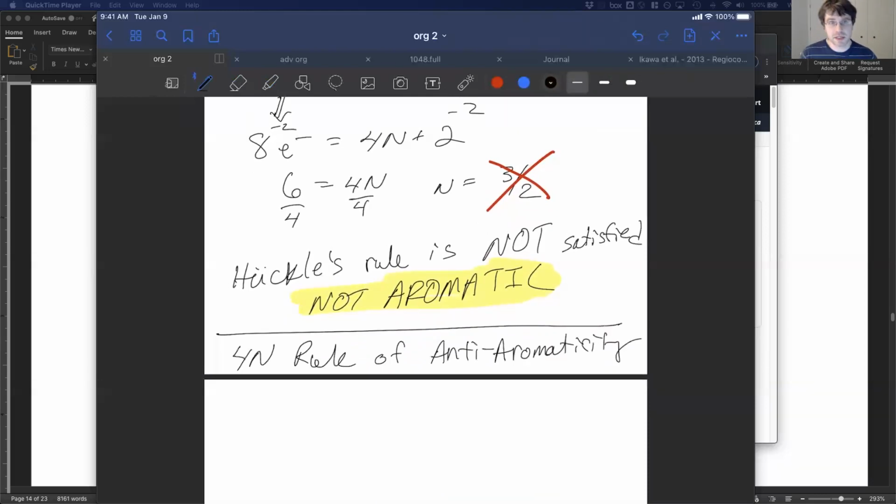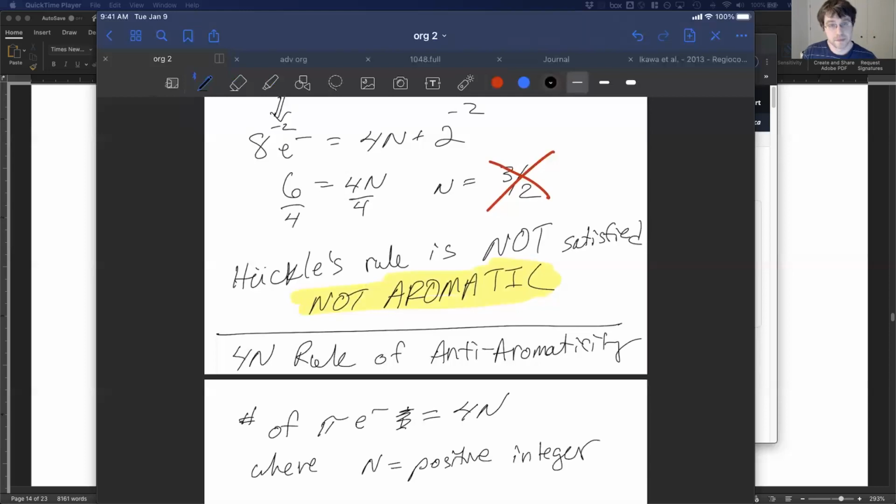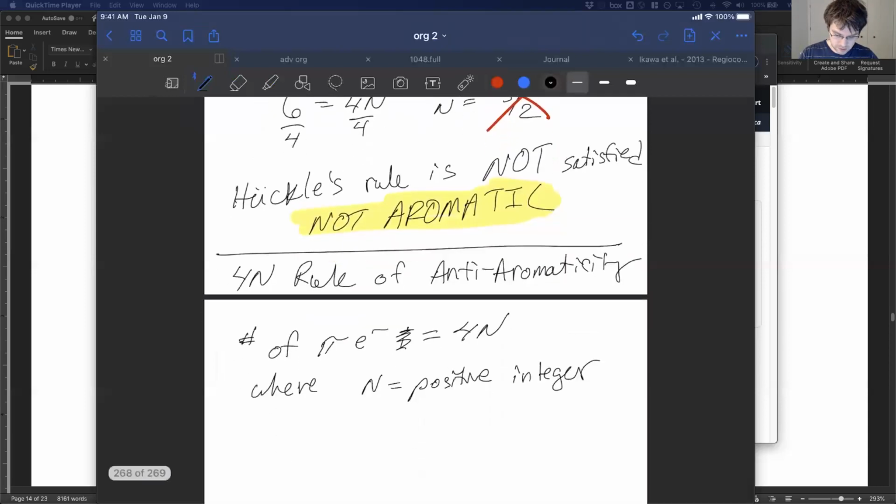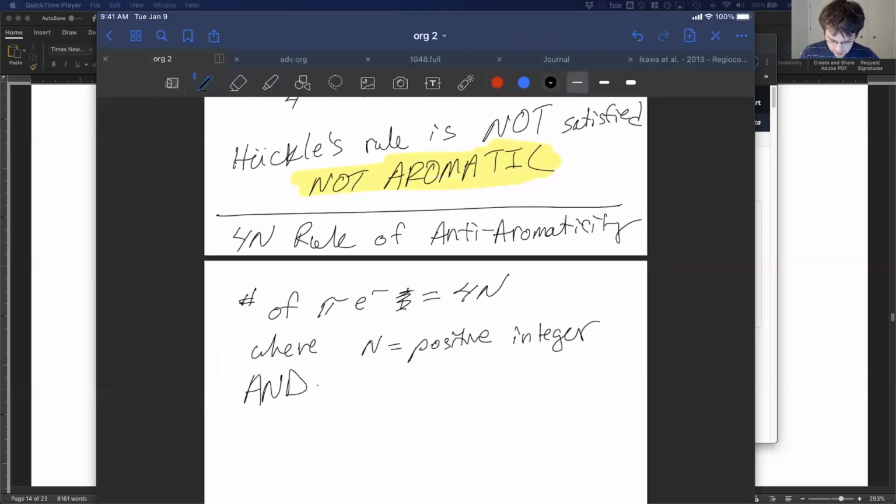The 4n rule of anti-aromaticity says that if the number of pi electrons equals 4n, where n equals a positive integer, and we can get some number like 1 or 2 or 3 or 4, and we are all the other things, cyclic, planar, and conjugated, then the molecule is anti-aromatic.